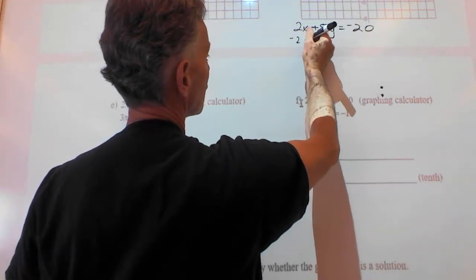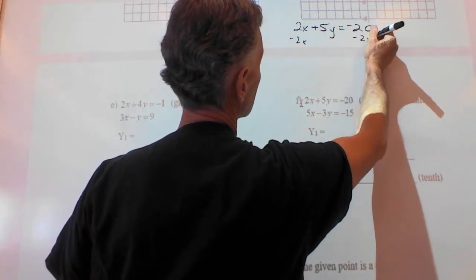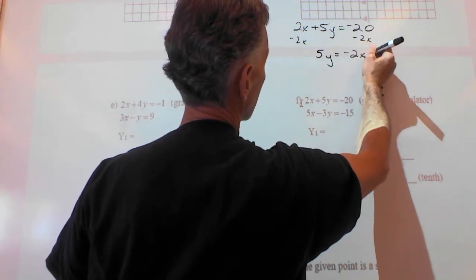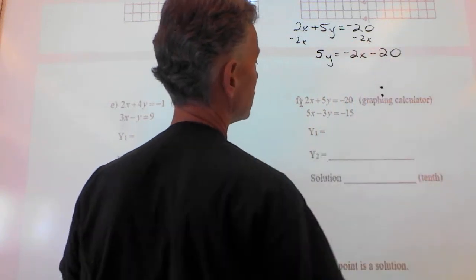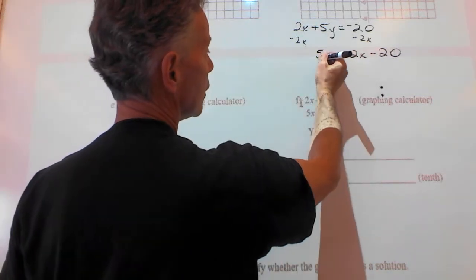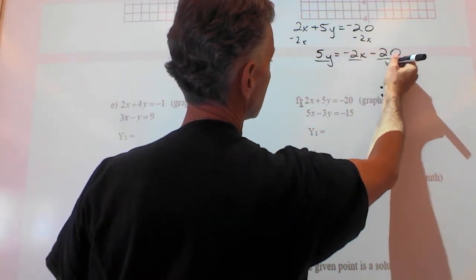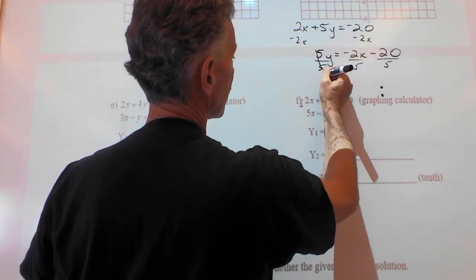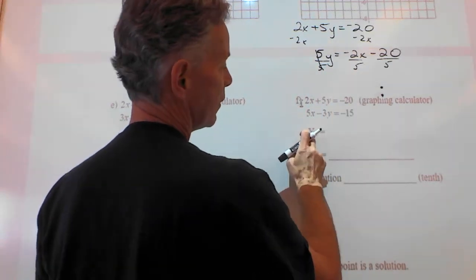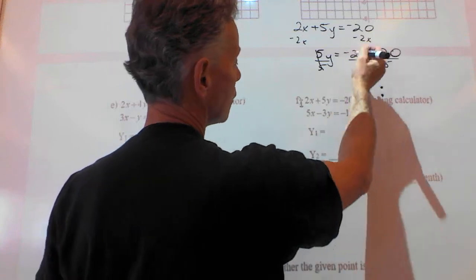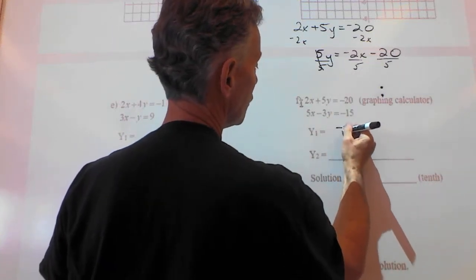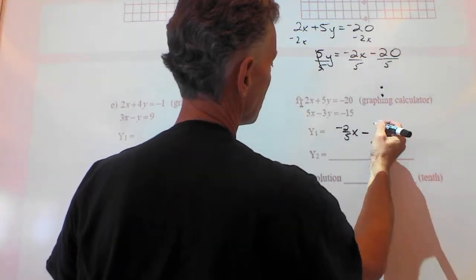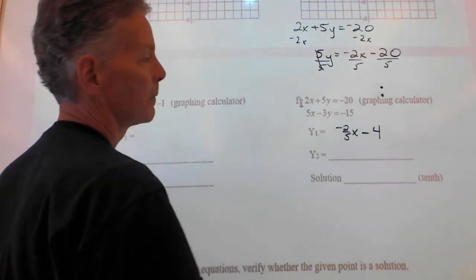We subtract 2x from both sides, giving us 5y equals negative 2x minus 20. And then we divide through by 5 to give us, here's our first equation, y equals negative 2 over 5x minus 20 divided by 5 is 4.